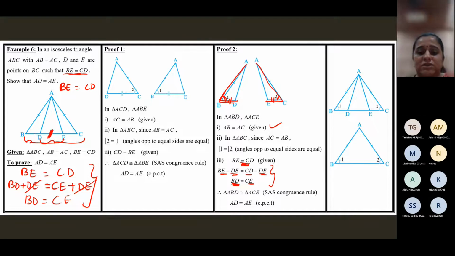That's what we have mentioned: AB, BD and angle 1, and in the other triangle, angle 2 and its arms AC and CE. So clearly by the SAS congruence rule, the two triangles are congruent to each other. So by CPCT, we have AD is equal to AE.